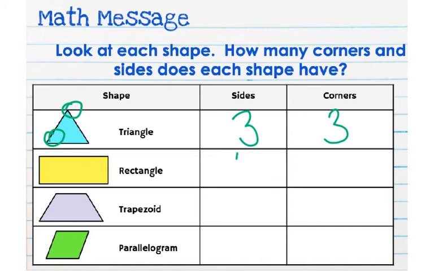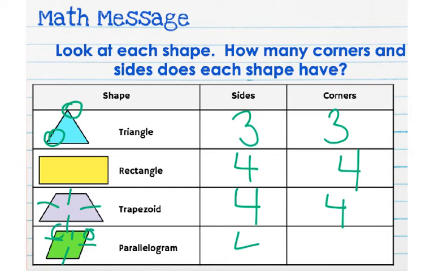The rectangle does have 4 sides and 4 corners. How about a trapezoid? Can you find the number of sides and corners? 2, 3, 4 sides. And if you said 4 corners, you're right. And it looks like the parallelogram also has 4 sides and 4 corners. Great job.